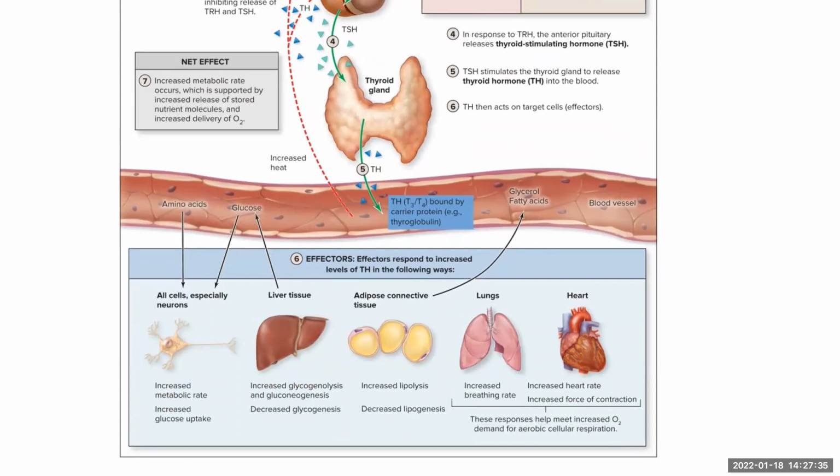or target cells. So you can see here in all of the cells, but specifically neurons, it is going to increase the metabolic rate and increase glucose uptake. Neurons love glucose. The brain is a fiend for glucose. That's the preferred energy source for the brain.